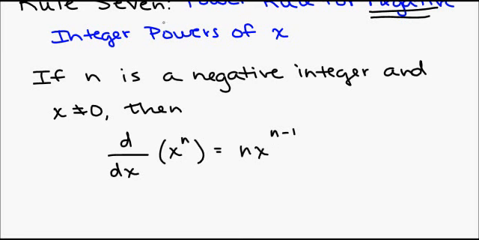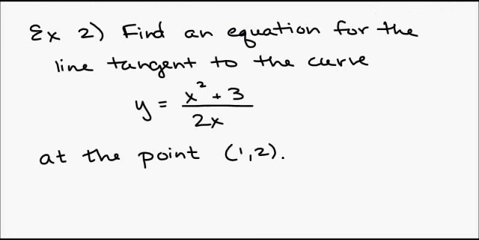Example 2. Find an equation for the line tangent to the curve y equals x squared plus 3 divided by 2x at the point 1, 2.